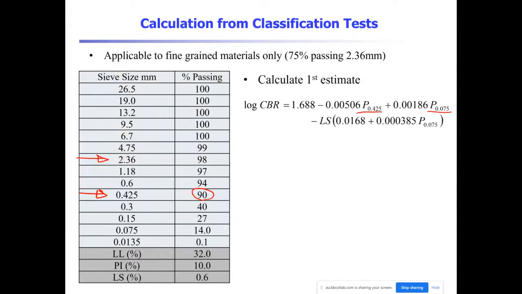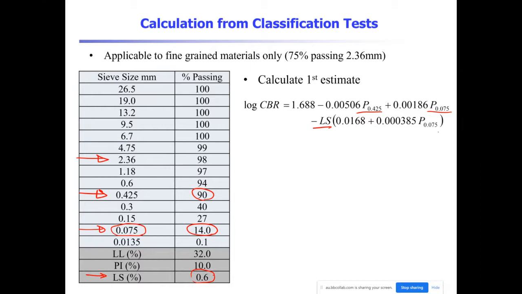We need the passing from 0.075. You remember this from soil mechanics. This 0.075 from the Unified Soil Classification System is the boundary between fine materials and coarse materials. The passing percentage is 14%. Linear shrinkage is 0.6.